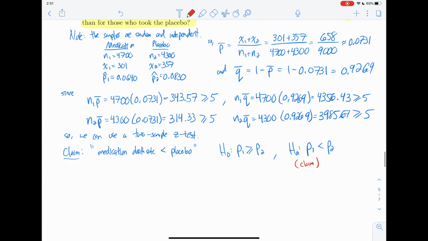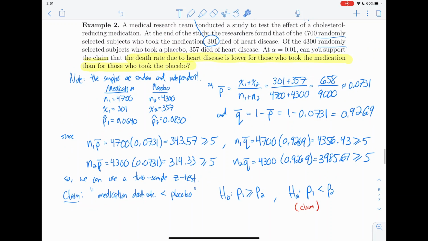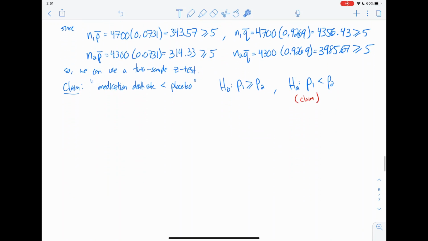And so now the question is, as we run our hypothesis test, can we reject the null hypothesis and garner support for the alternate? Let's find out. The next step of this is to take a look at the nature of the test and find our critical values.